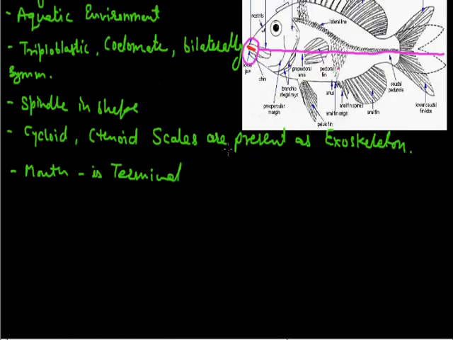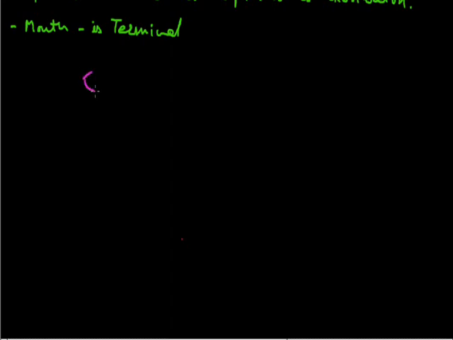In this specimen of a fish, this is the terminal mouth. Terminal means the mouth is present in an anterior position, and the skin of the body is covered by specific scales called cycloid and ctenoid. Ctenoid means they have spines on their surface.